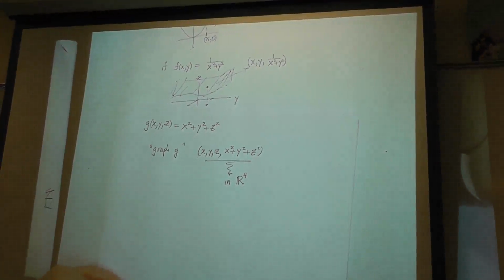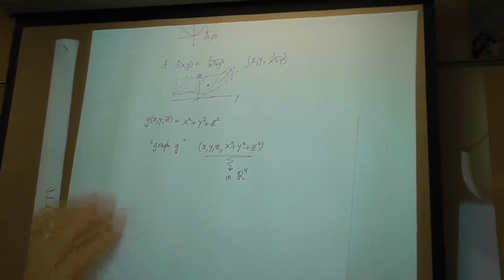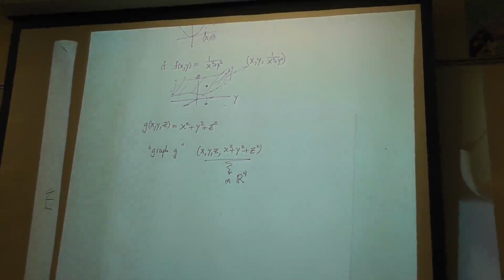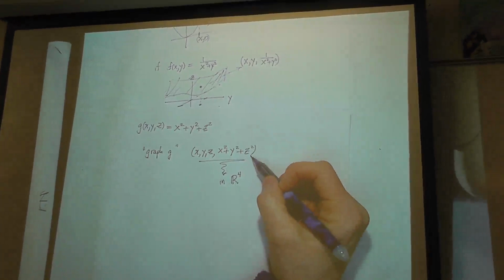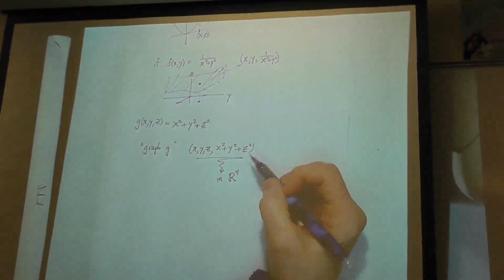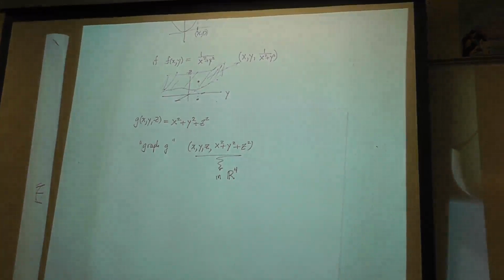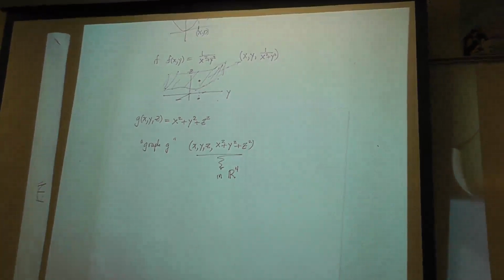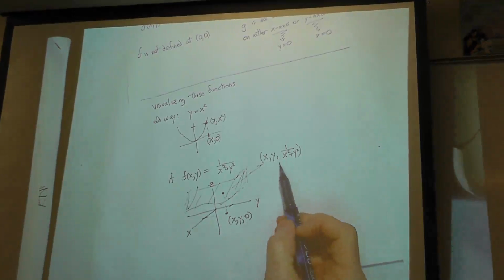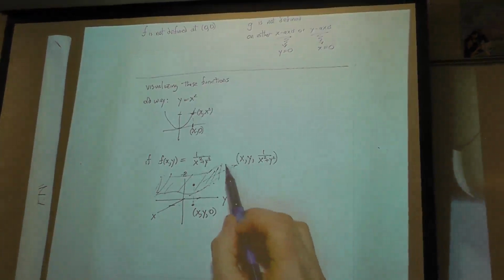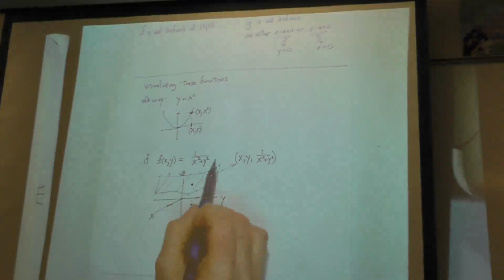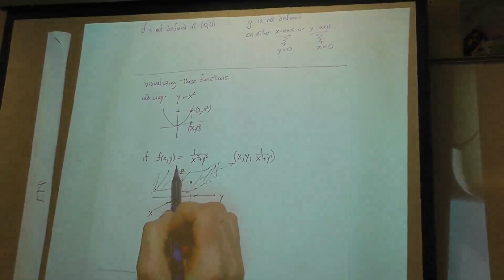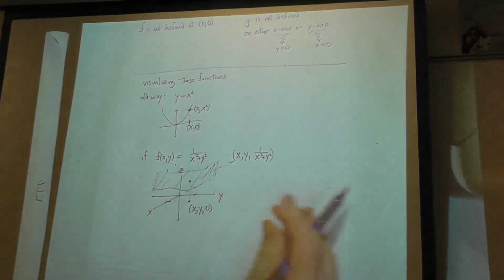Okay, so there are different ways of looking at different things here, and that's what you have to keep in mind. There are going to be a couple different ways that we will look at functions such as this, different ways of visualizing them.